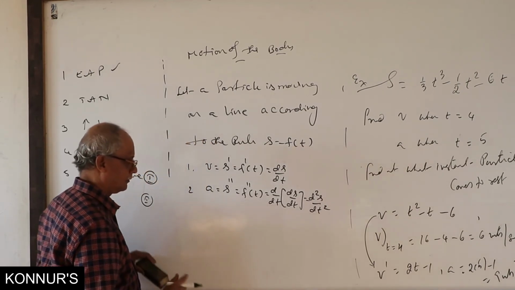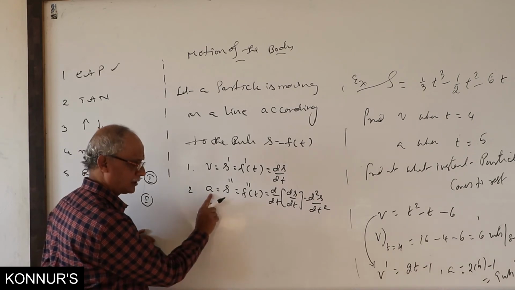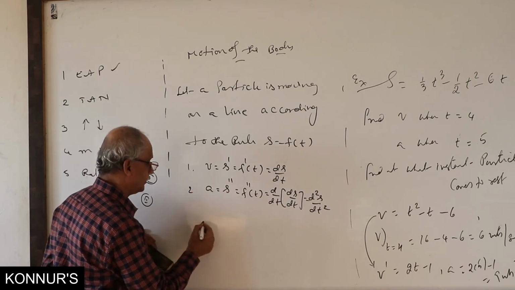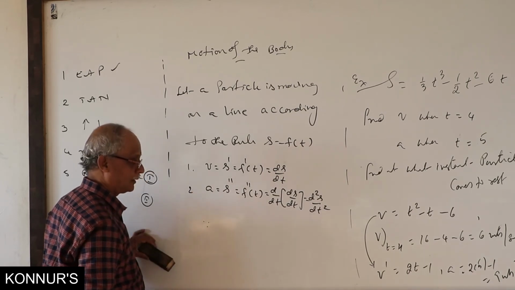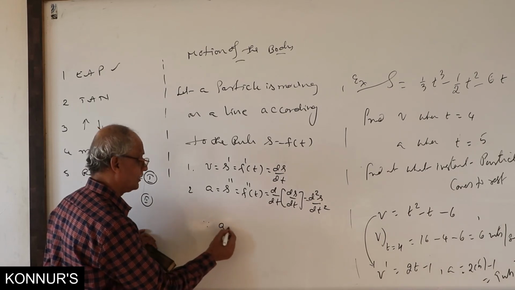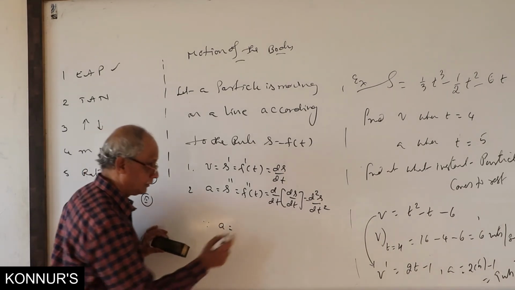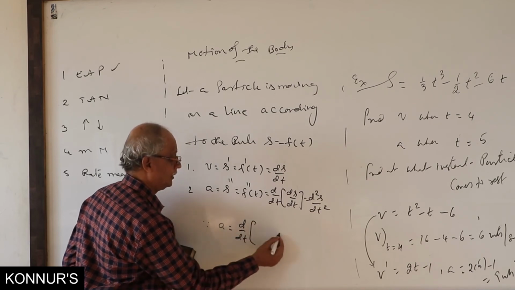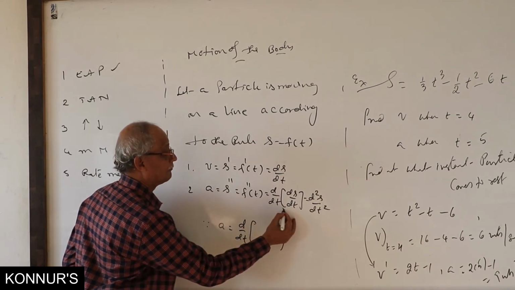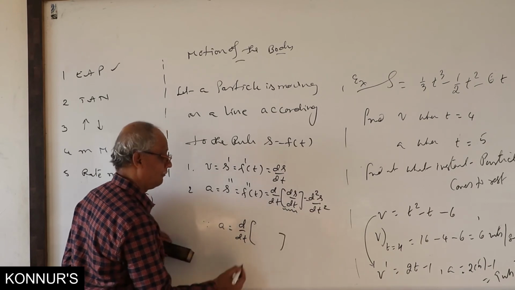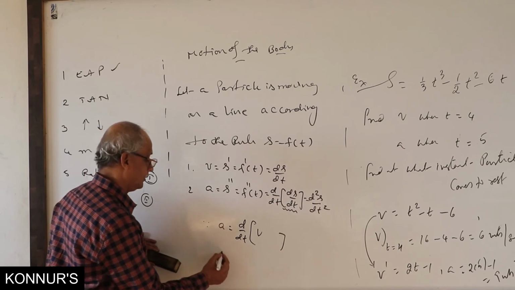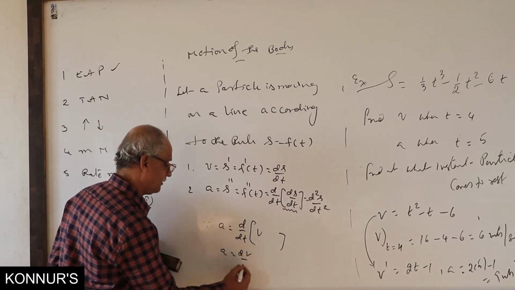See, acceleration I gave you here, since acceleration is equal to d by dt of ds by dt. What is this ds by dt? Velocity. That is why A is equal to dv by dt.